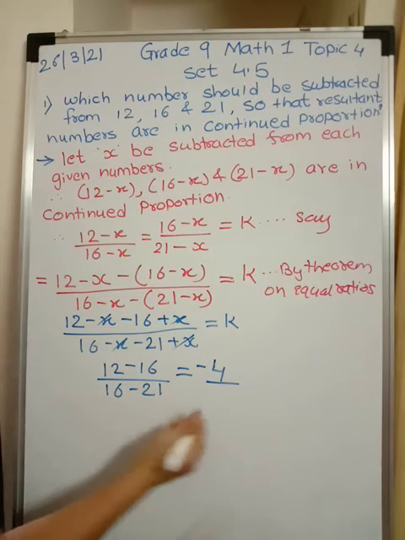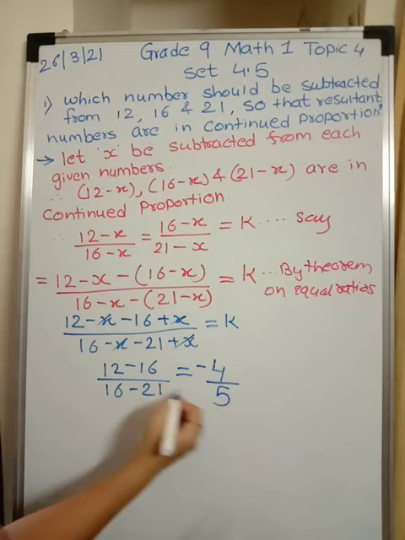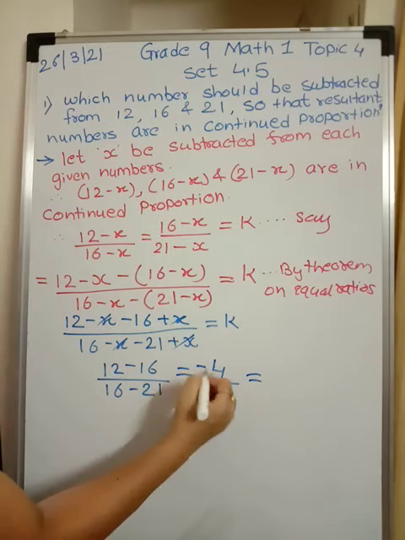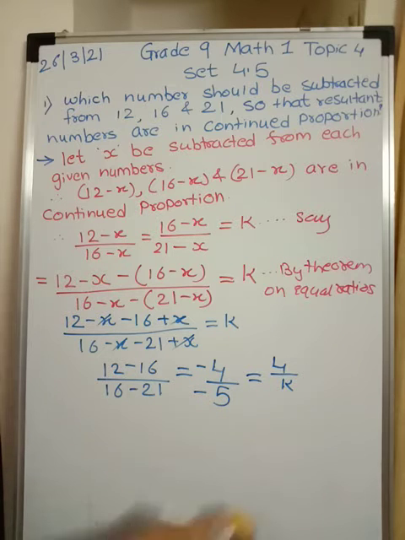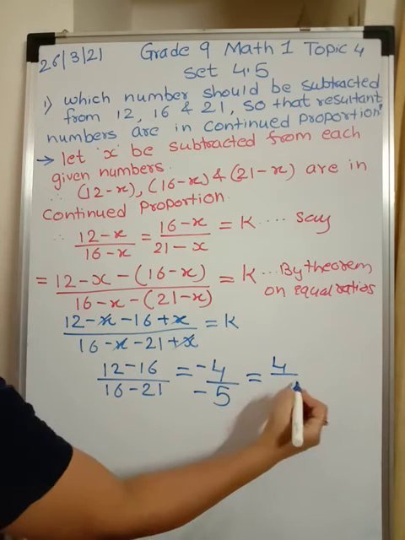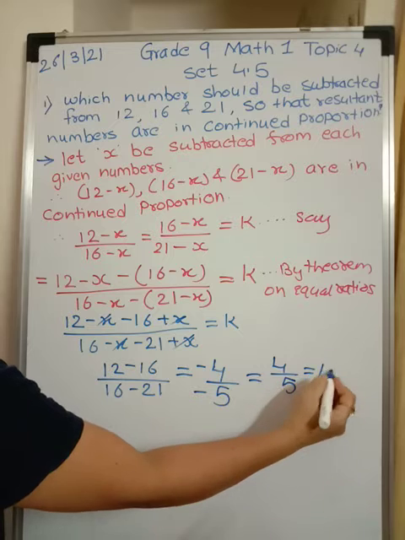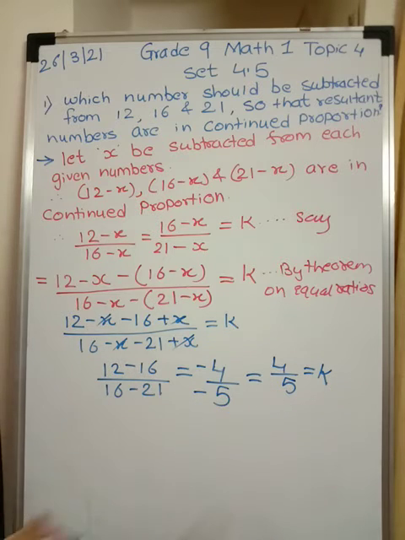Upon 21 minus 16 is 5, and 21 is bigger with the minus sign, so minus minus will cut off and you get 4 by 5, which is equal to k. So you got the value of k as 4 by 5.